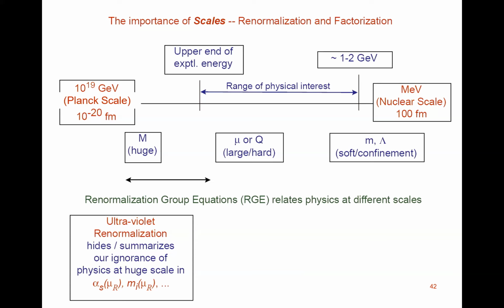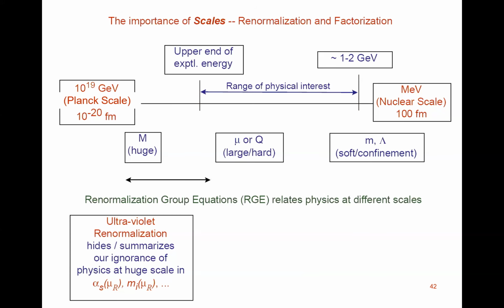So that's the effect of renormalization, right? The only particles that contribute to renormalization appear in these virtual loops. Now, if we look at the other end, that's where factorization comes in.